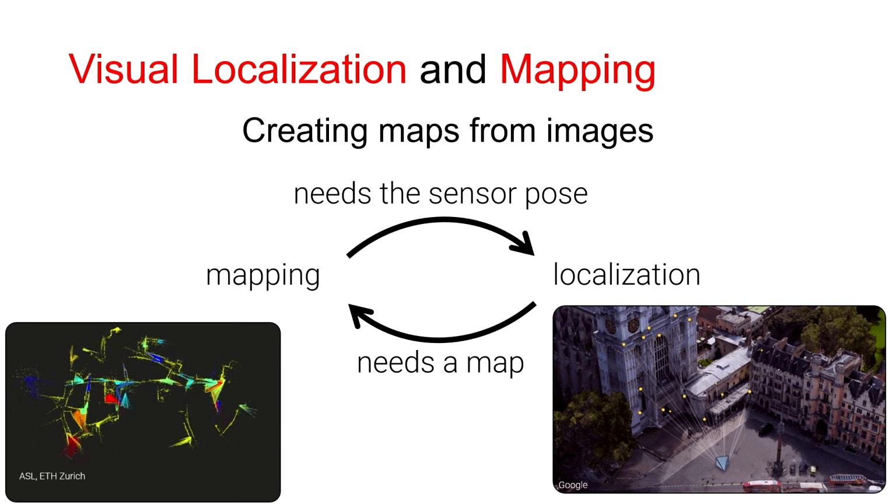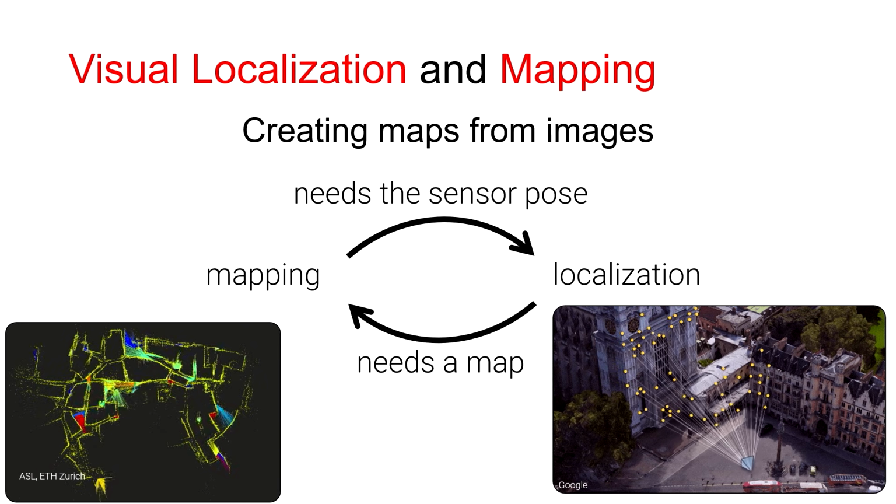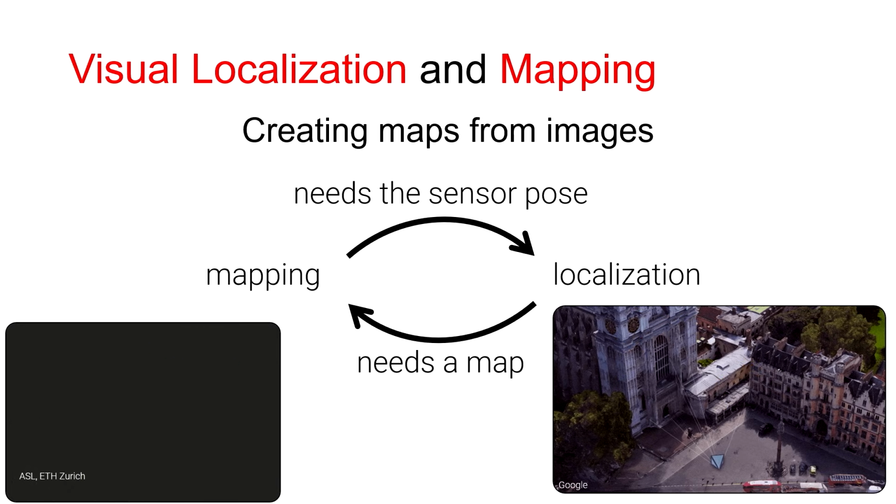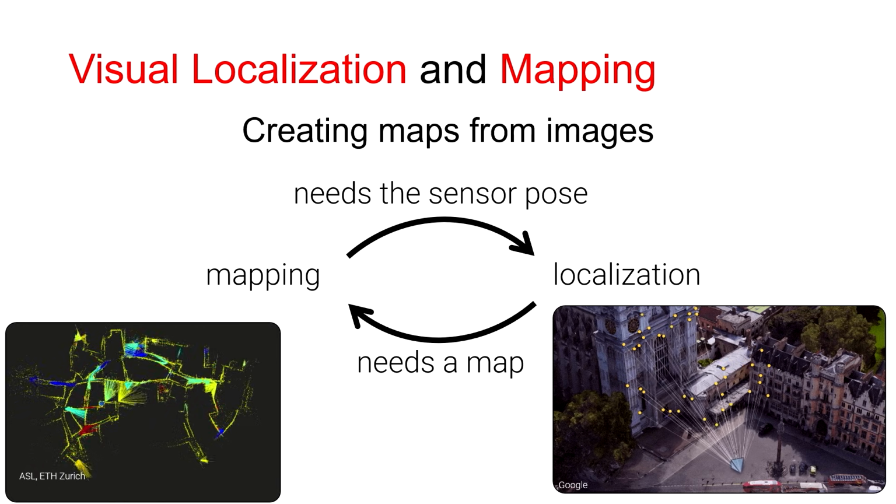So typically the systems that we're looking at have these two components. If you want to be able to localize, then you typically also need to be able to do mapping first, ideally with the same devices. Maybe somebody's walking and going through an experience, and then that data can be built into a map and later leveraged for localization of the next person.